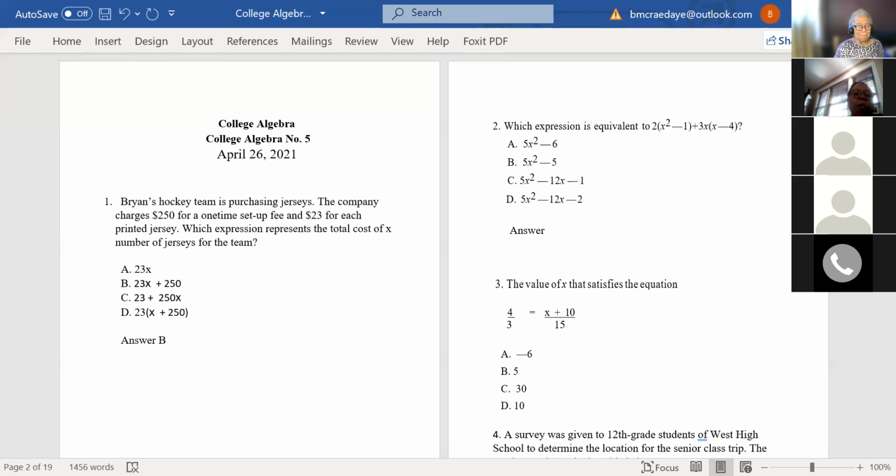They're going to be 2x squared minus 3x squared minus 2 minus 12. Any answers?